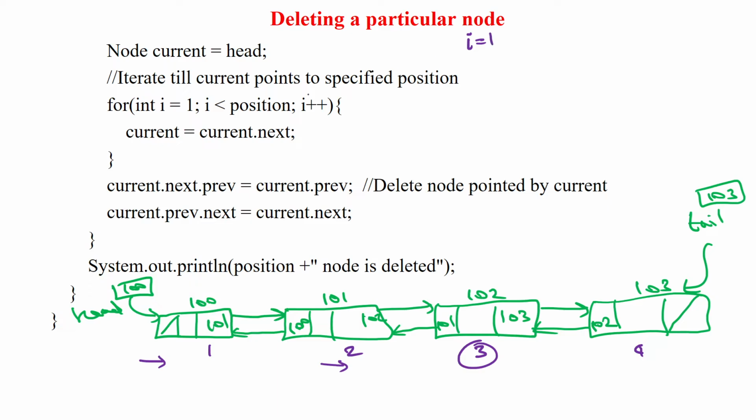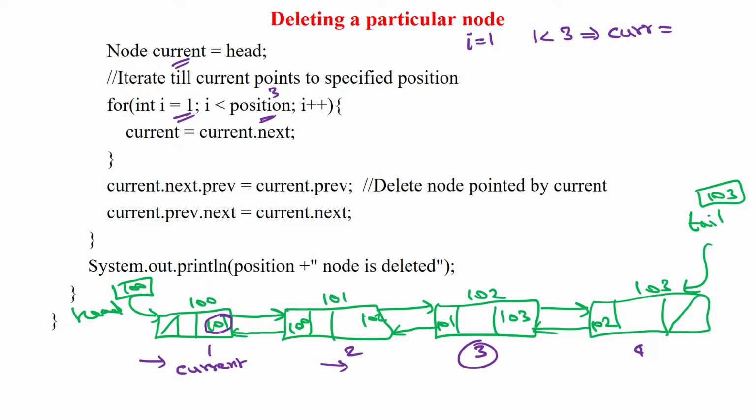Iteration number 1, here I am making current as the head. So now iteration number 1, position 1 less than 3, my position is 3. The condition is true. If condition is true, what we are doing, current is updating with current dot next.